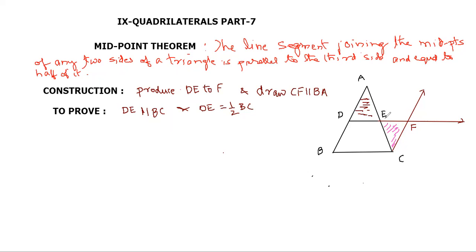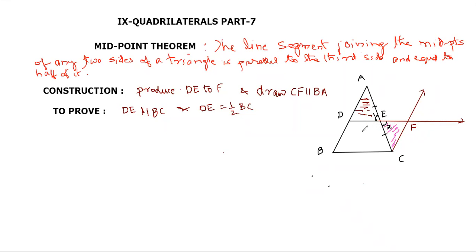You see these two triangles, AE is equal to CE because E is the midpoint, already given. Then in AED and CEF, this is angle 1, suppose, and this is angle 2. These are two vertically opposite angles, so angle 1 is equal to angle 2.